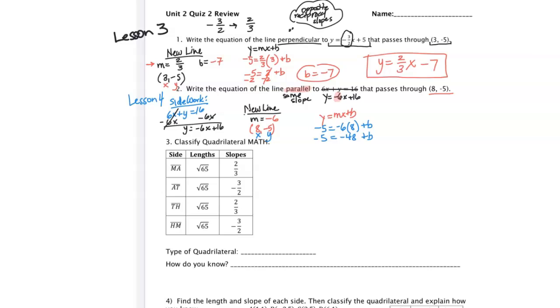Adding on 48 to both sides, we end up with b is equal to 43. So our b is 43.